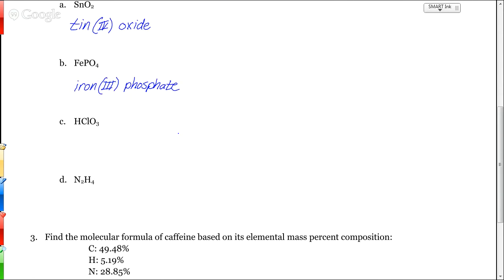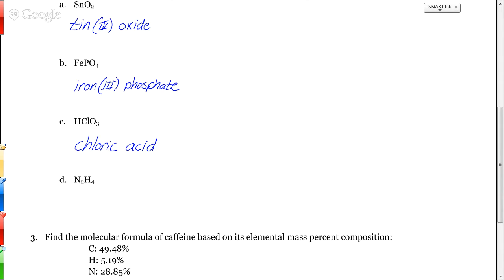HClO3. A little tricky. Anybody get it? Yeah, this is chloric acid. It comes from the ion ClO3-, which is chlorate. Saw some people put perchloric acid. What would that be?